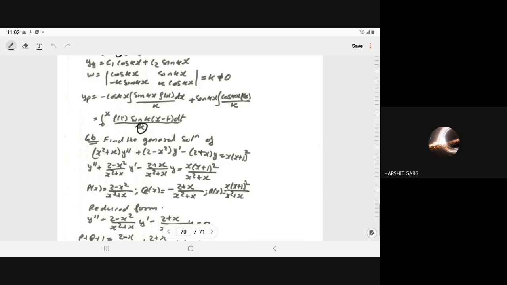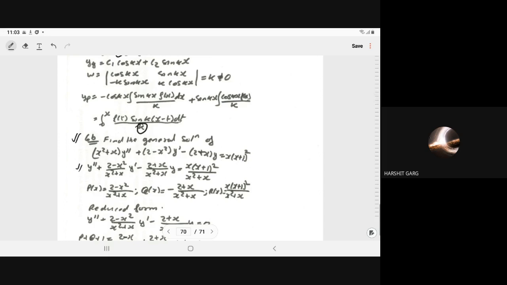Find the general solution of (x^2 + x) y'' + (2 - x^2) y' - (2 + x) y = x(x + 1)^2. If you write it in the standard form, the coefficient of y'' must be 1.